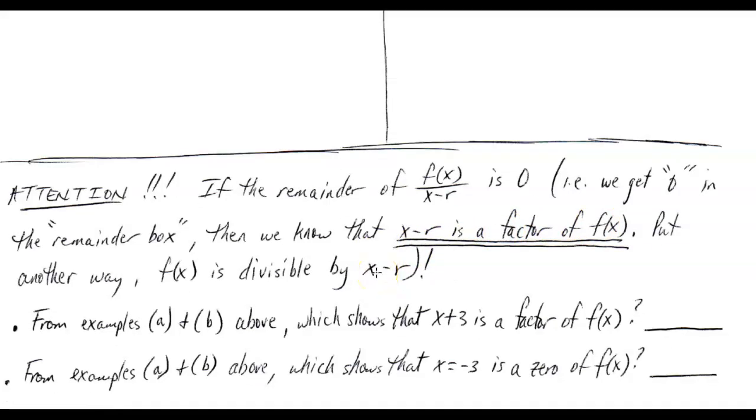And so here we say, attention, if the remainder of our doing the division of f of x by x minus r is 0, which means we get a 0 in the remainder box, then we know that x minus r is going to be a factor of f of x, meaning that f of x can be rewritten as x minus r times something else. Okay. And another way of being able to say that is that f of x is divisible by x minus r.